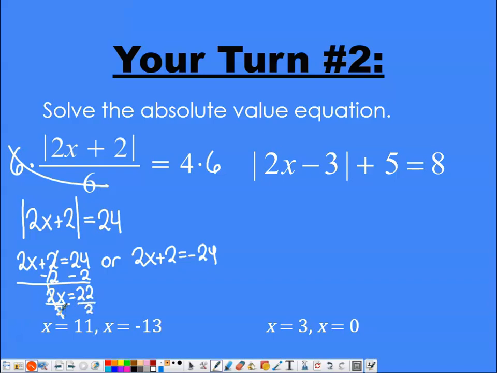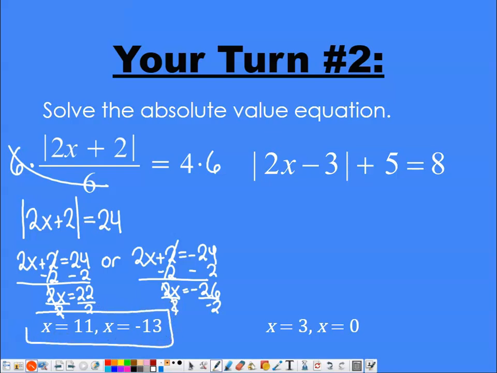Okay? So 22 divided by 2, that gets me my first answer, that 11, right? So we see that there. And then here, same thing, we're going to go ahead and subtract 2. 2x equals negative 26. Divide by 2. So we get the answer, x equals negative 13, which is down here. Okay?